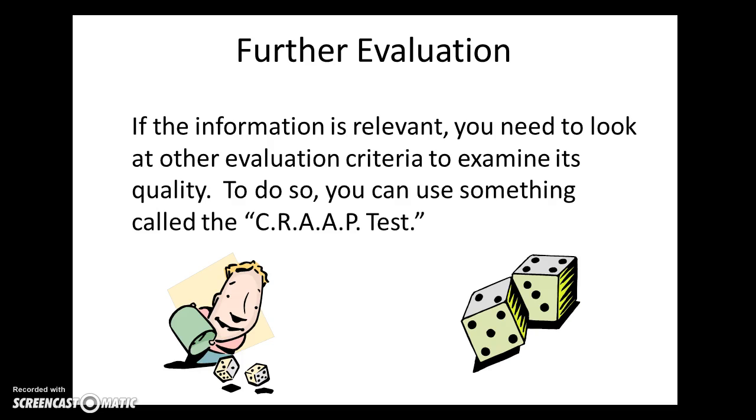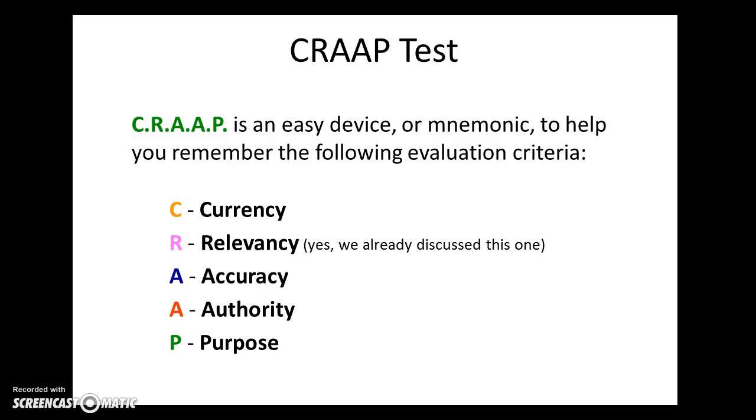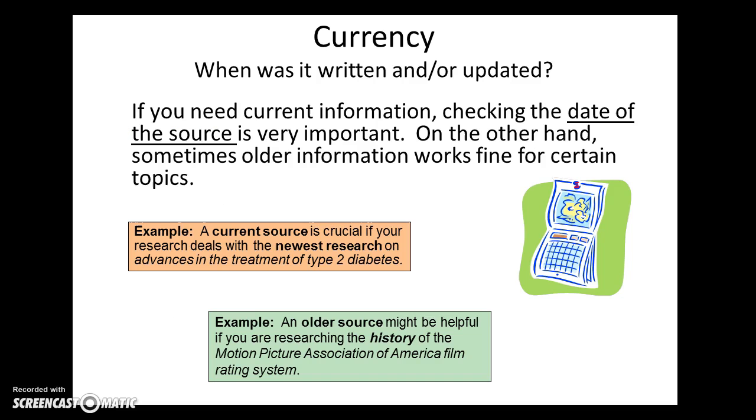To do so, you can use something called the CRAAP test. This test is an easy device or mnemonic to help you remember the following evaluation criteria: currency, or C; R, relevancy; A, accuracy; A, authority; and P, purpose.